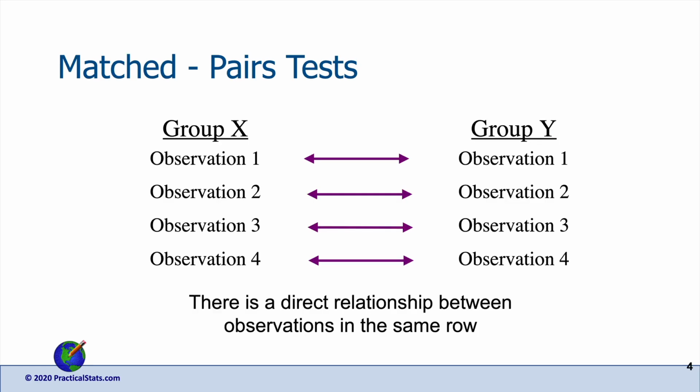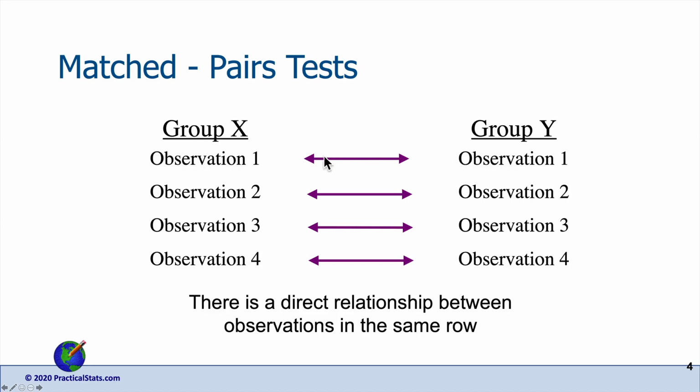All right, let's begin. Matched pair tests are in the situation where you have two groups, group X and group Y, and the observation number 1 in group X has some natural relationship to observation 1 in group Y that it does not have to the other observations in group Y, so that these observations are paired in some sense.